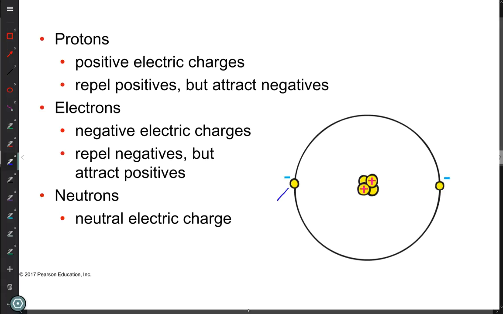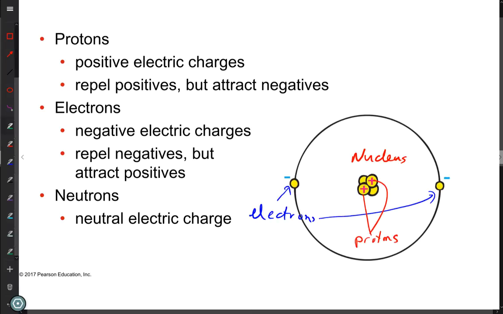So out here we have electrons, and then here we call this thing the nucleus, and we have protons, which are the positive things in the nucleus, and then we have those neutral things, and those neutral things are called neutrons because they're neutral.